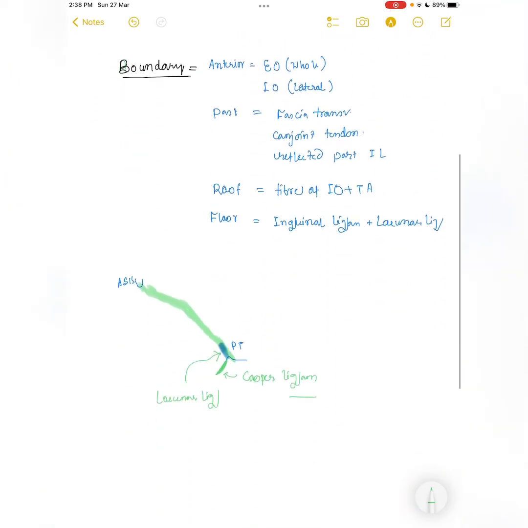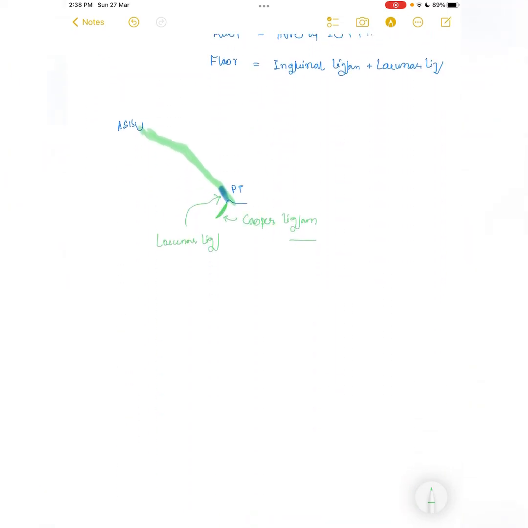I think there should be no problem. Next you have to know about its contents. This is also very, very important. In case of male, there should be the spermatic cord and the ilio-inguinal nerve, but incomplete.